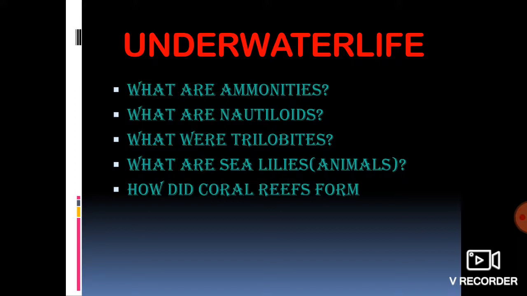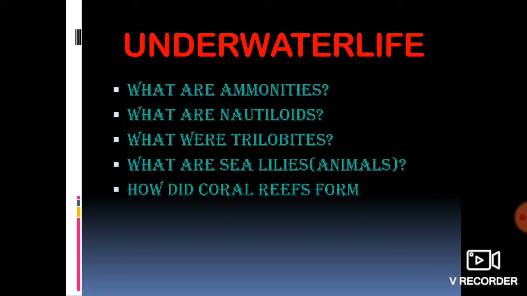What were trilobites? Trilobites were ancient animals that looked like giant wood lice. Their bodies were divided into three parts or segments, and they had armored skin. They scurried around ocean floors looking for food about 400 million years ago.